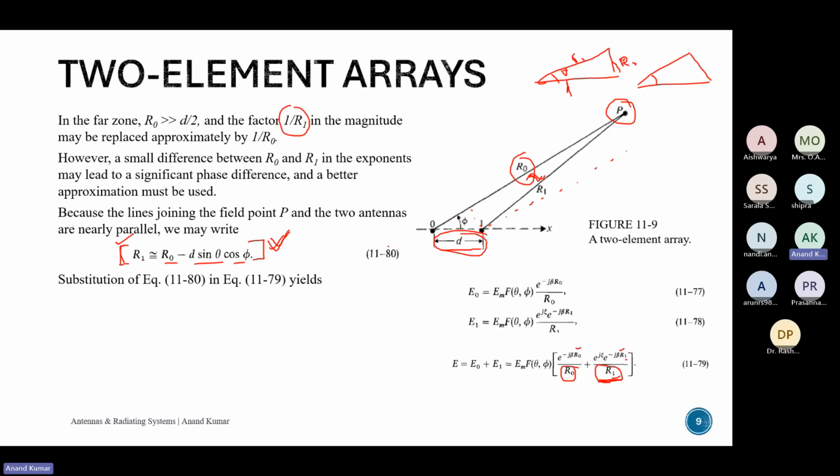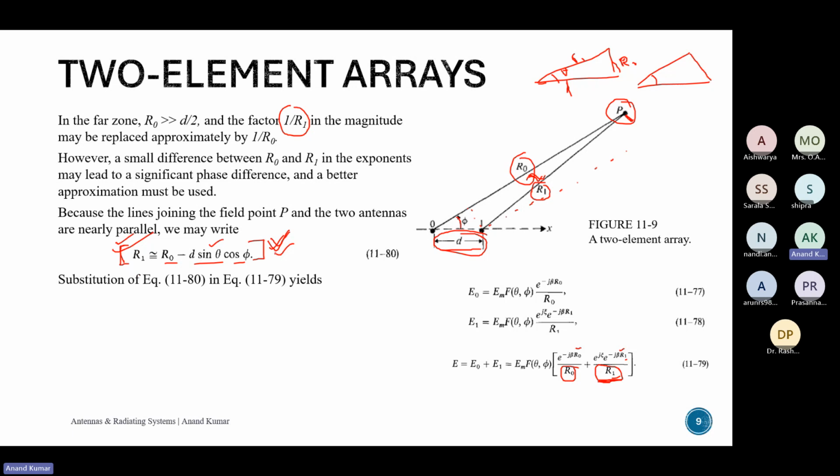We'll discuss this later. Let's just take this for now. So we're using an approximation to find an approximate value for r1, which is r naught minus d sine theta cos phi. This particular angle is phi over here, and I don't see where this theta came from. Let's just stick with this and later figure out how we got this approximation.